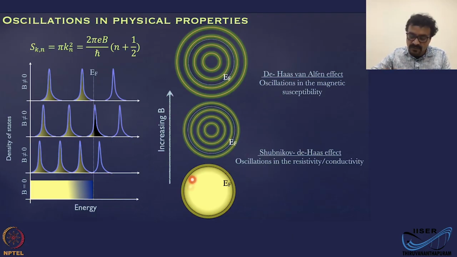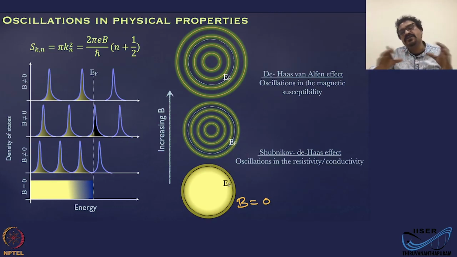So when there is no B field, when B equals 0, there are no Landau levels, it's a continuum distribution, and EF is the Fermi level, which I have noted by the dashed circle. And I'm also assuming that this is a non-zero temperature, though it's a low temperature, but still there is a small width. So that is why I put this Fermi level in this thin but broader region.